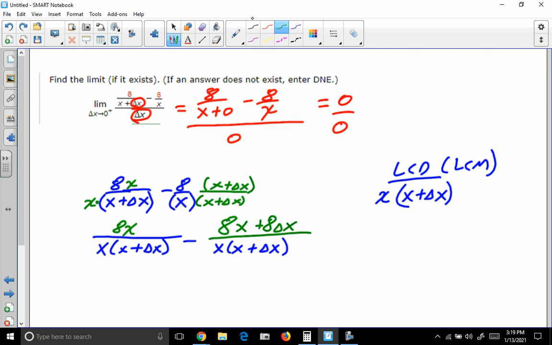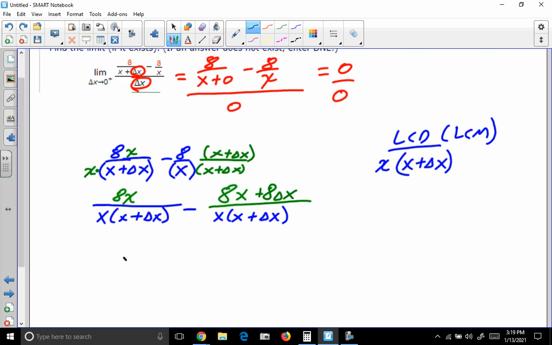Now that we have the same denominator, we can keep the denominators and we can put the numerators together. So we're going to have 8x minus 8x minus 8 delta x. Remember, when we're subtracting fractions, that minus applies to each term on top. So minus 8x minus 8 delta x.